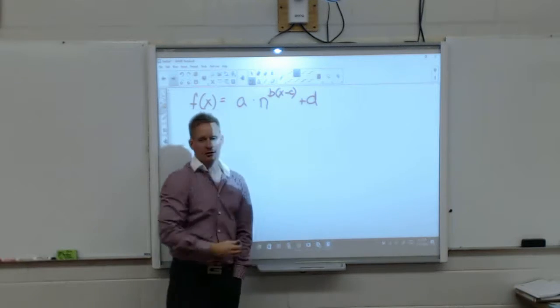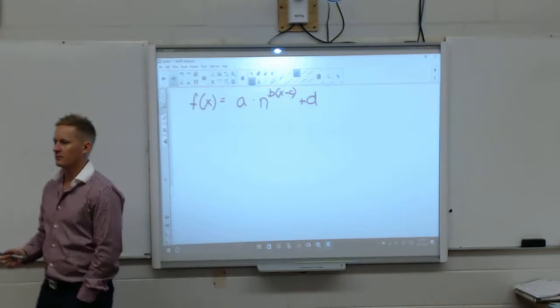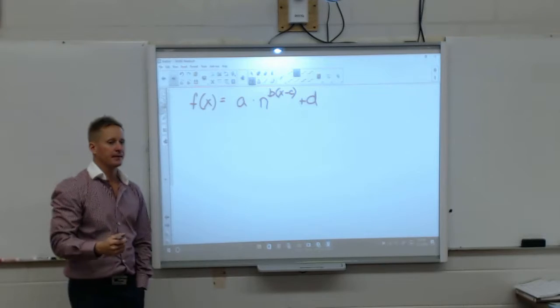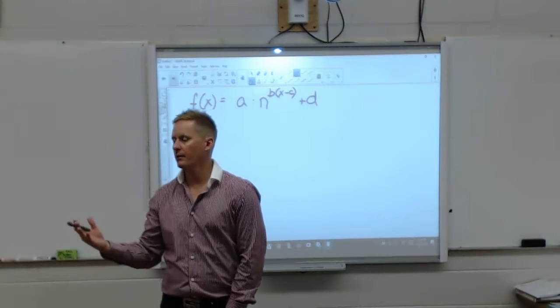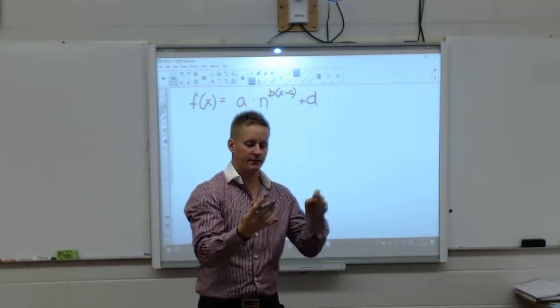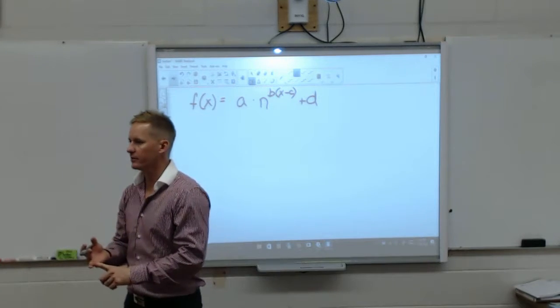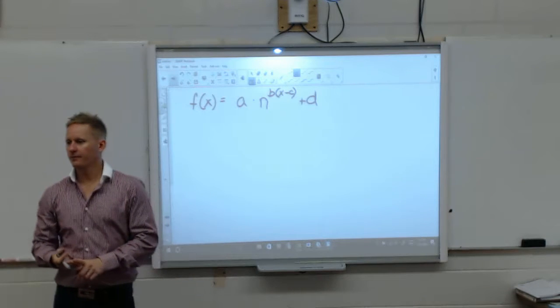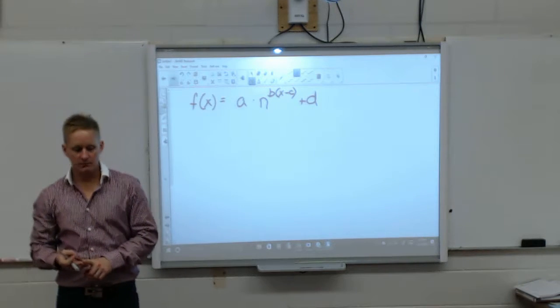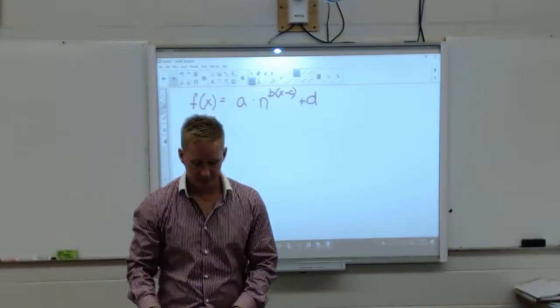What is c going to do to the graph? Shift it left to right. And what's d do to it? Up or down. Is that any different than what we did for trig, polynomials, for any of the graphs we've done so far? No, same thing. And that's the difference that we have.